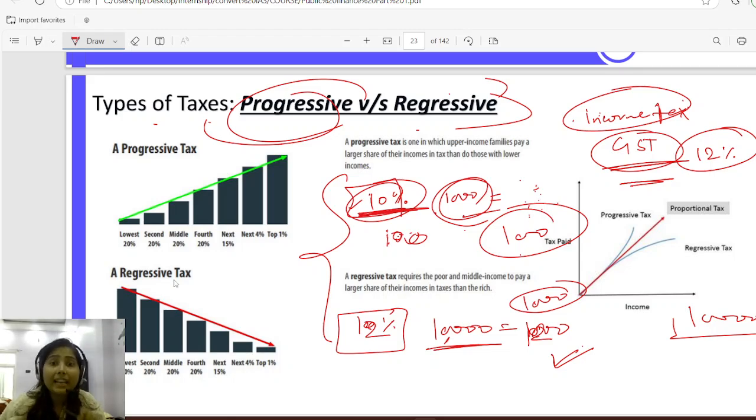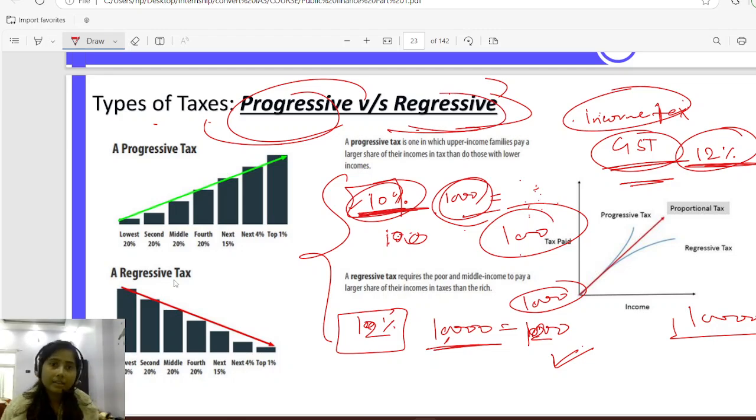But for a daily wage earner woman, this 12% would cost very high. So in that case it is called regressive tax, because the higher earning women can afford it, but the lower earning women cannot. So they are not purchasing it, or they are purchasing it at the cost of their other basic needs. So that is called regressive tax.